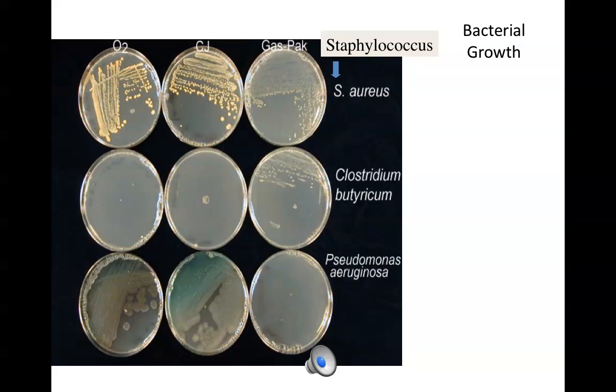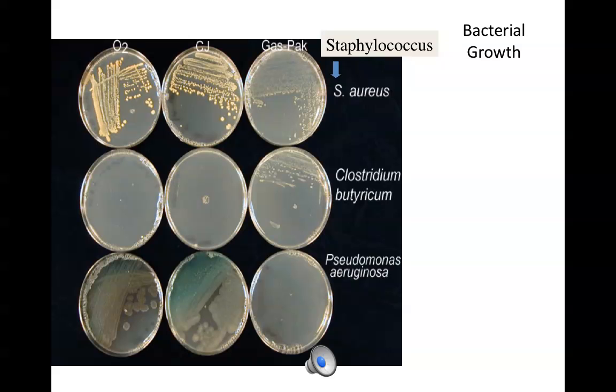The center column would be a candle jar where we have increased carbon dioxide to 5% of the atmosphere and a little bit less oxygen. And then on the far right column, the plates were placed into an oxygen-free environment, where an anaerobic gas pack was used to create an anaerobic oxygen-free environment.